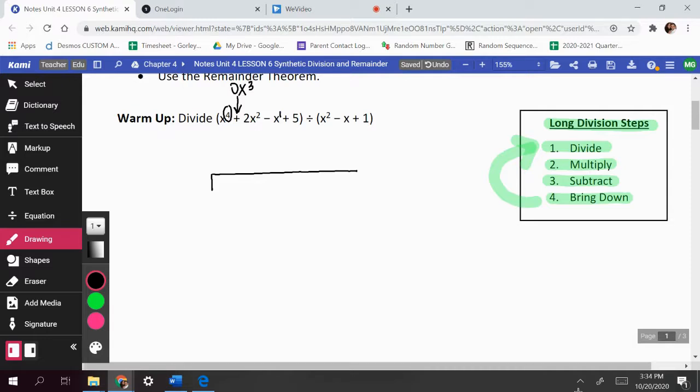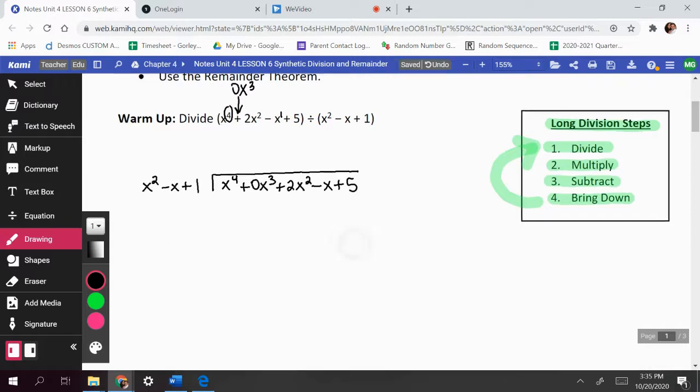Then I have x to the first, right, minus x, and then a constant. So it looks like the only term we need to put in is the 0x cubed. So I'm going to have x to the fourth plus 0x cubed plus 2x squared minus x plus 5. And then our divisor is x squared minus x plus 1.